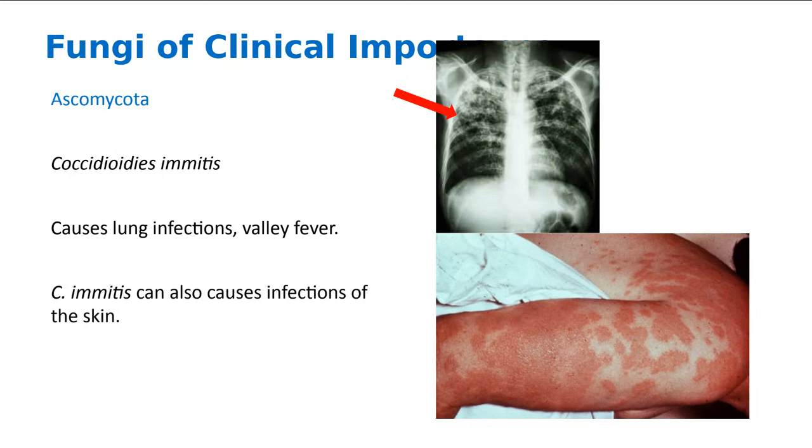This organism is found in Southwest Texas through New Mexico, up through Arizona, and into the desert parts of California, right? Sometimes when you're driving through that area, you might see big signs saying please keep your windows rolled up due to the presence of fungal pathogens in the soil. They're talking about this guy, okay?